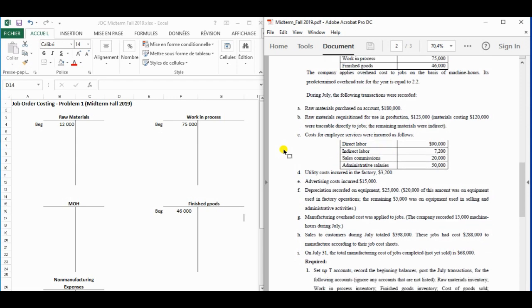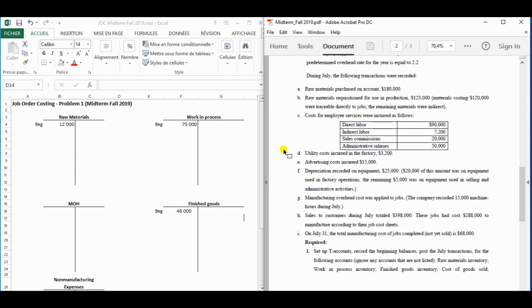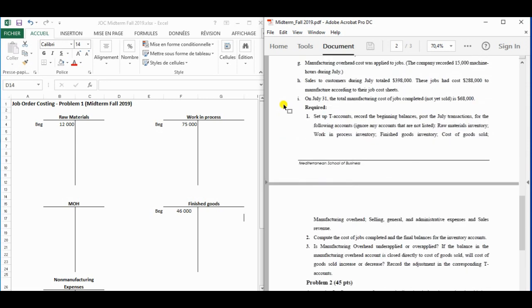During July, the following transactions were recorded. So now we will start by recording these transactions in different T accounts. And in the first question of this problem, you see that you already have a list of T accounts to use, and you should ignore any accounts that are not listed.